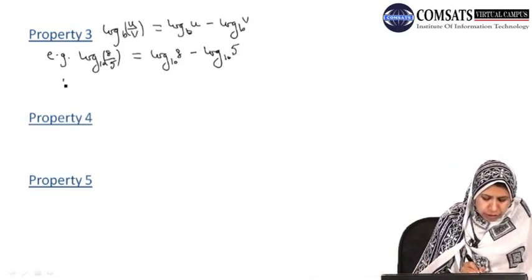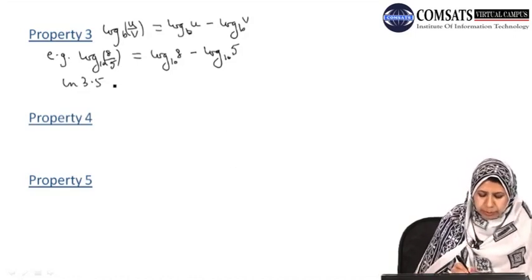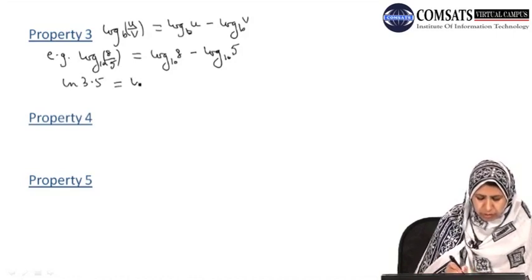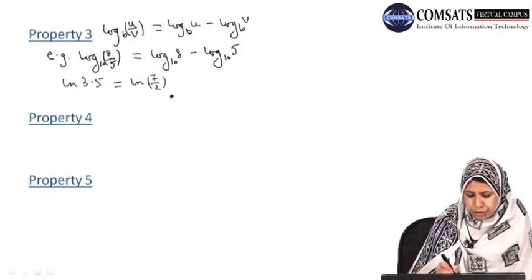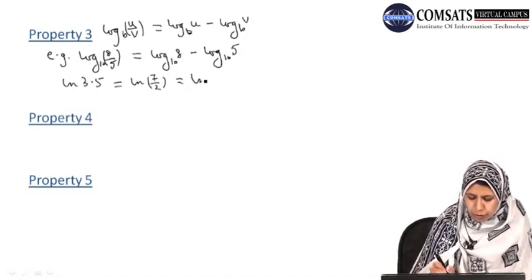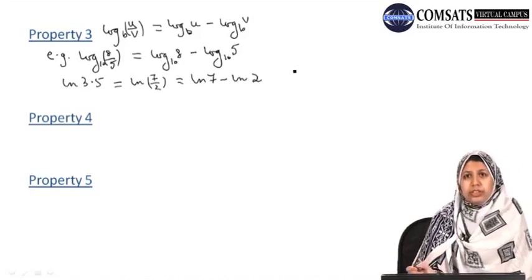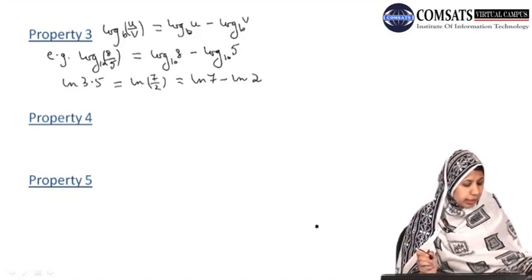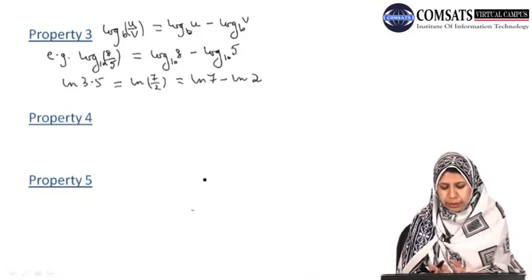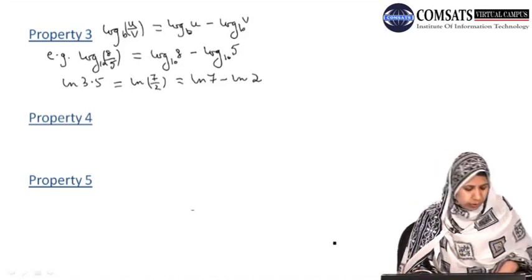If we want to find the natural log of 3.5, then we know that 3.5 is equal to 7 by 2, and now we have log of a ratio, so it will be the difference of log of the numerator minus log of the denominator, and the value can be negative. If we obtain some answer as a negative number, then there is nothing to worry about.